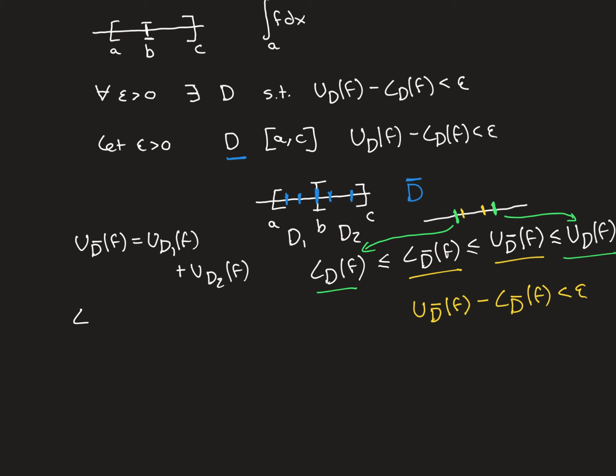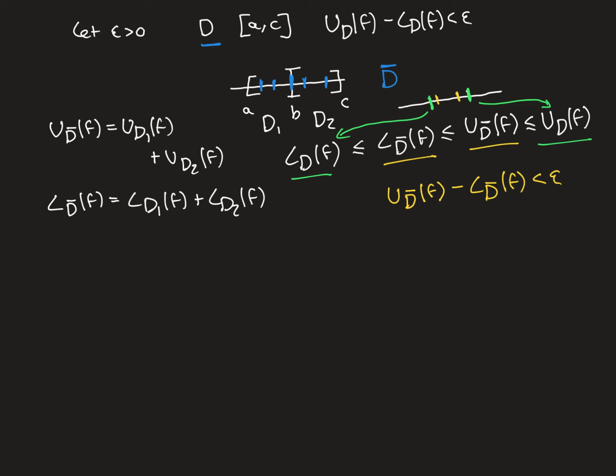Similarly, the lower Riemann sum over D bar of F is equal to the lower Riemann sum over D1 of F, which is a lower Riemann sum over the interval AB, plus the lower Riemann sum over D2 of F, which is a lower Riemann sum over the interval BC. Now we can substitute those into this inequality and rearrange it a little to put the appropriate upper and lower Riemann sums next to one another.